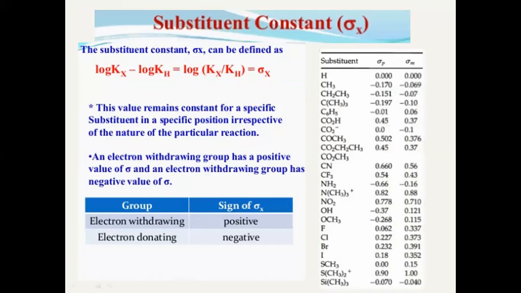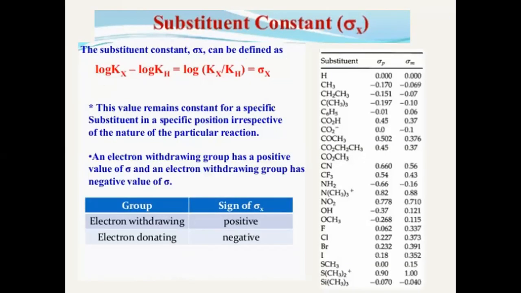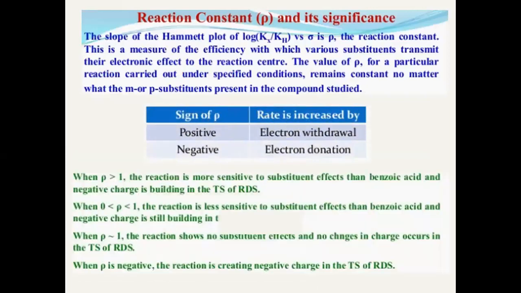When electron withdrawing substituents are attached, it is positive. अगर sigma x की बात करना है, तो ये टेबल को फॉलो करना है बस. That's all. No issue. Constant है ये. लेकिन जब rho की बात आएगी, when we talk about rho, तो rho depends on reaction condition.